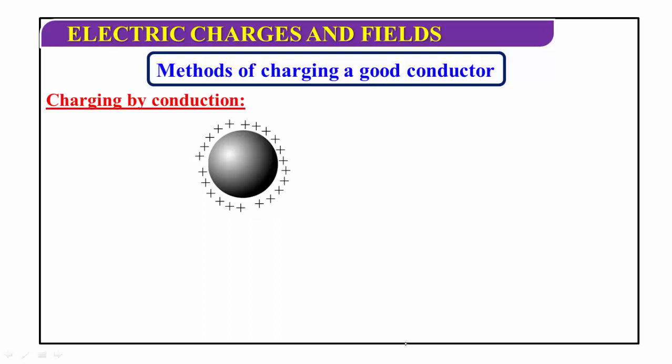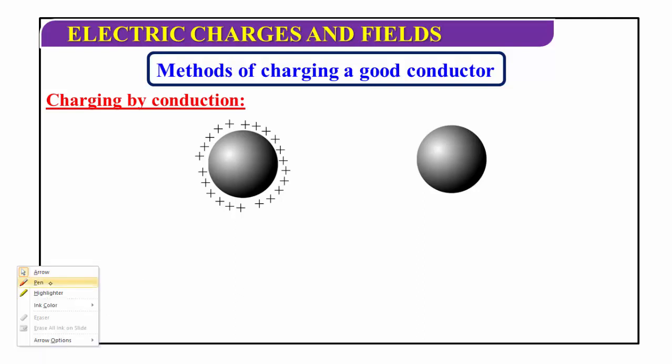Now I consider this is a charged body. The process of charging in which a good conductor, this is a good conductor, is touched with a charged body. This is a charged body and this is a good conductor.